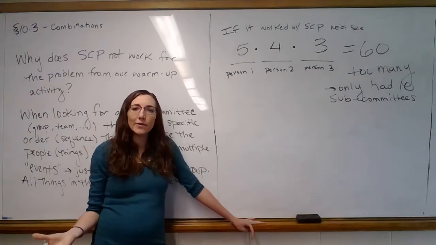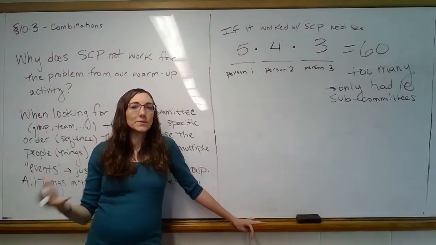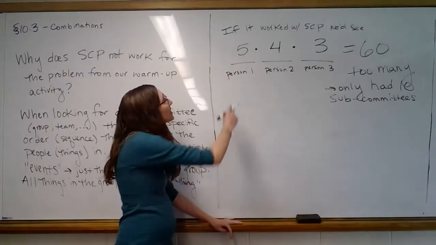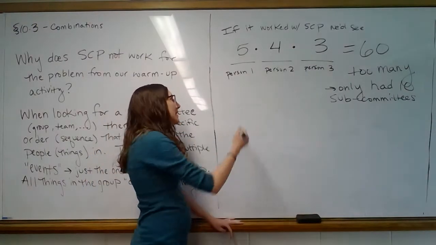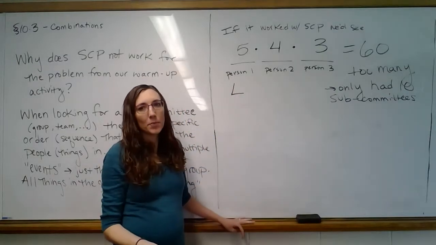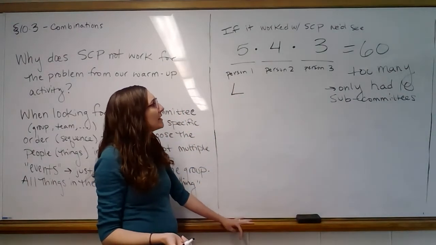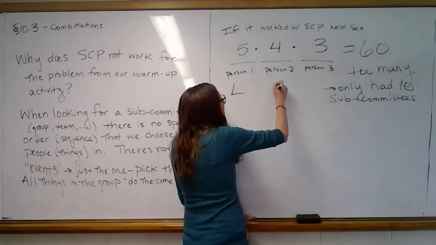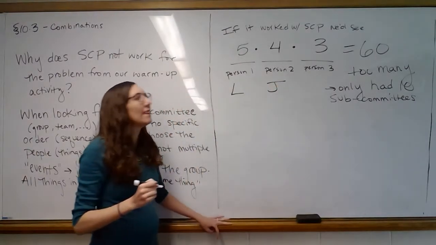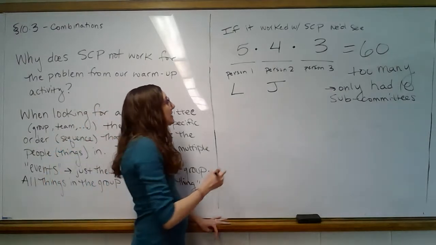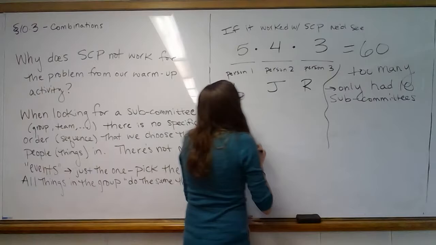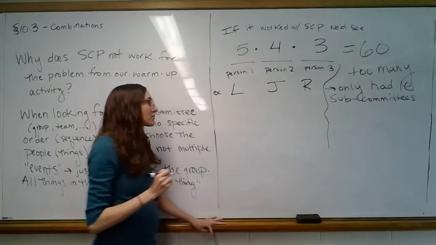In sequential counting, let's look at an example of what it could have picked. For the first person, person 1, it could have picked Leslie. And then for person 2, it picked, let's say, Jerry. And for person 3, let's say that it picked Ron. So this is an example.